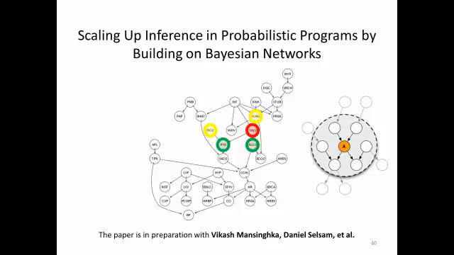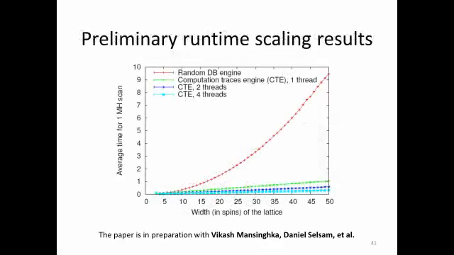And this allowed us to have the same asymptotics which you have for some real-world problems, for example, Ising, HMM, or LDA, the same asymptotics that handwritten samplers have. Does this make sense, this part?